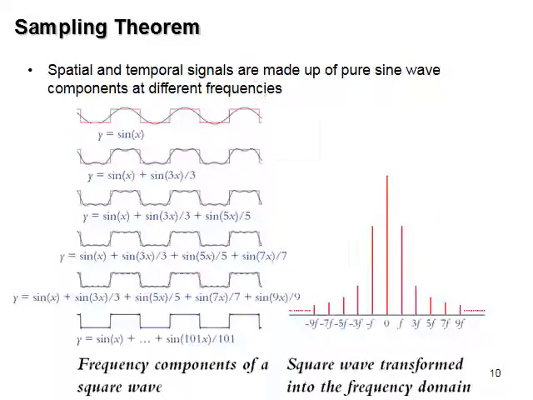Okay. Now the idea of the frequency domain representation is that any signal, whether spatial or temporal, meaning temporal varies with time, spatial varies with space, as I explained, they are actually made up of pure sine wave components at different frequencies. So let's see this as an example. If you see this red curve or red plot, it's like a square wave that gets repeated over and over until infinity.